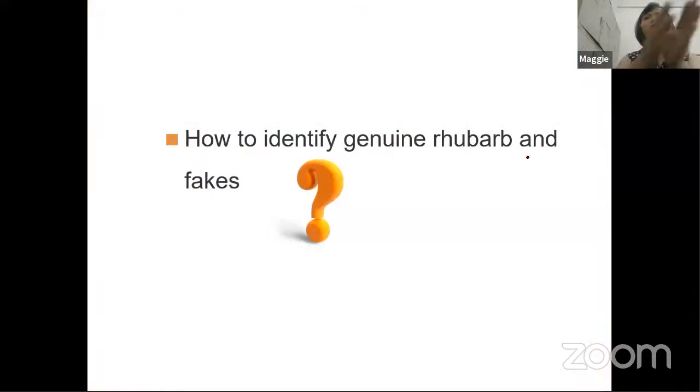So how do we identify genuine rhubarb and fakes? By the star spots in the pith. But the pith is found in the rhizome. Does the root have pith?